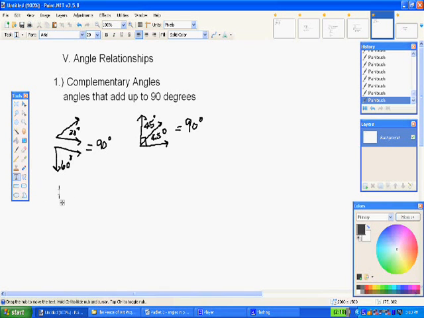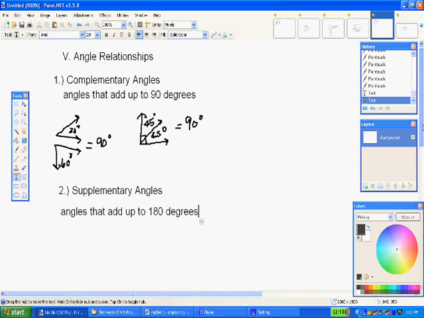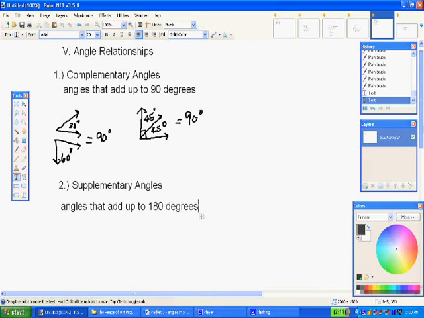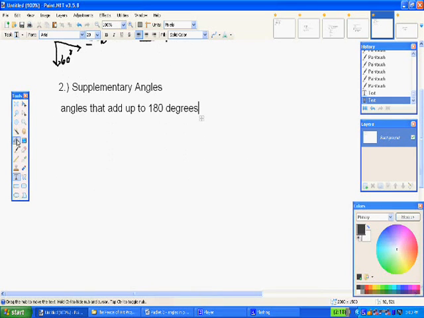Another type of angle relationship are supplementary angles. And these are angles that add up to 180 degrees. And again, just like complementary angles, you'll either see them together or you'll see them apart. Example.